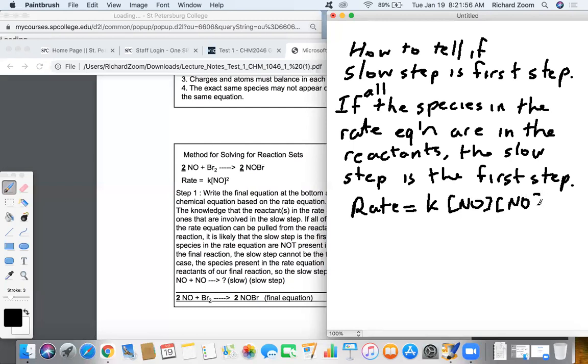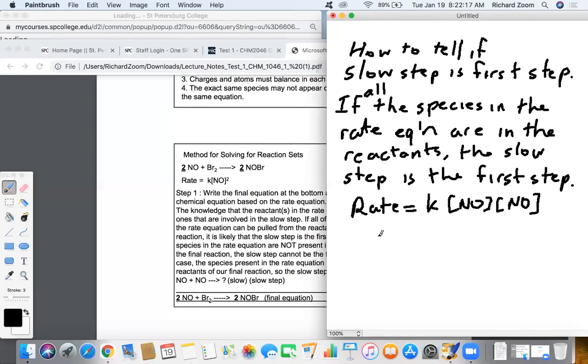That's what NO squared would indicate. And I see 2 molecules of NO there. I also see 2 molecules of NO in the reactants here. So that tells me that the slow step must be the first step. If it's not the case, then the slow step is not the first step. And I'll show you an example of that in a bit.